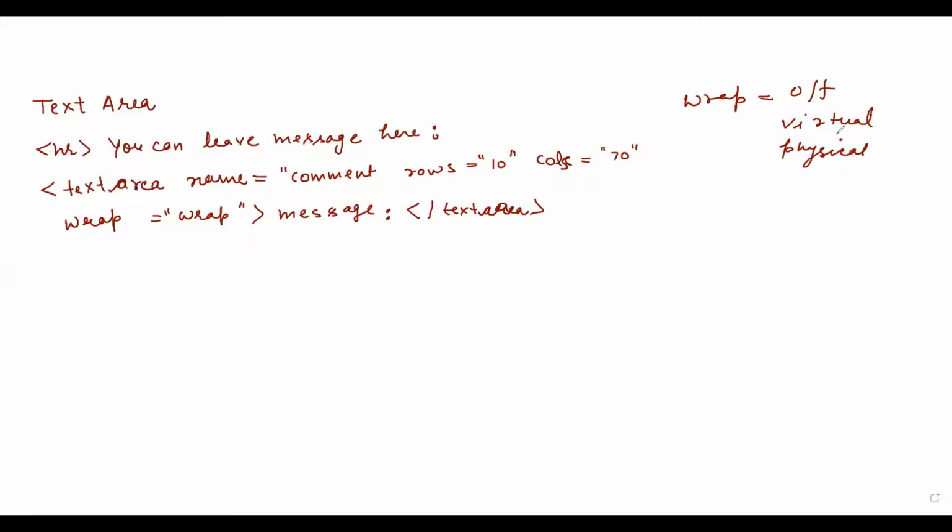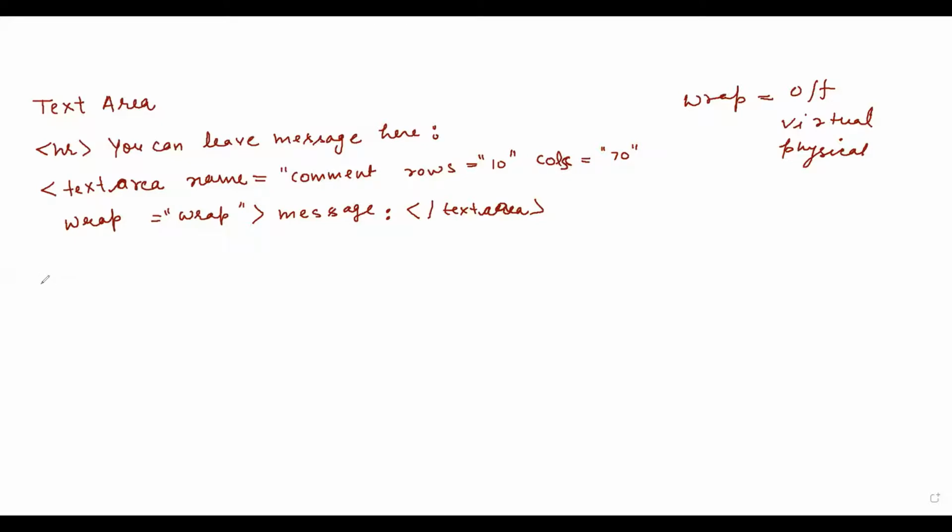The off option stops all wrapping on lines and requires a user to type enter to finish a line. Virtual wraps the sentence in the box but sends it as one long string, and physical provides full text wrapping with information being kept as it is seen on the display.